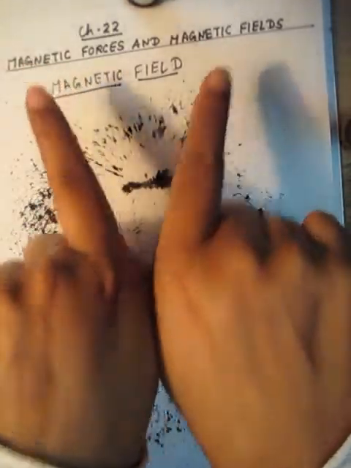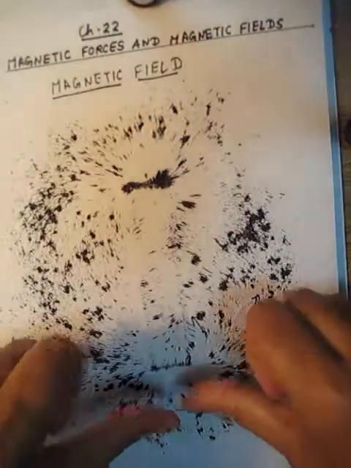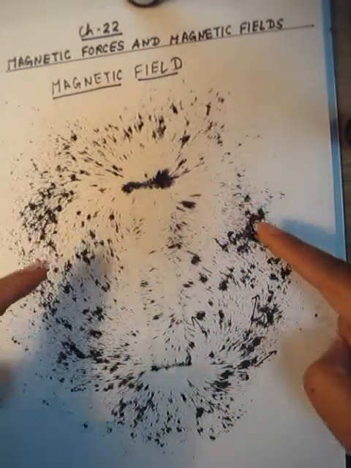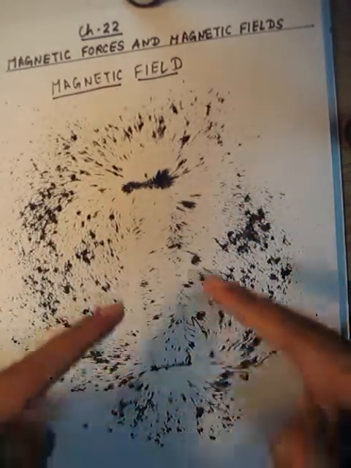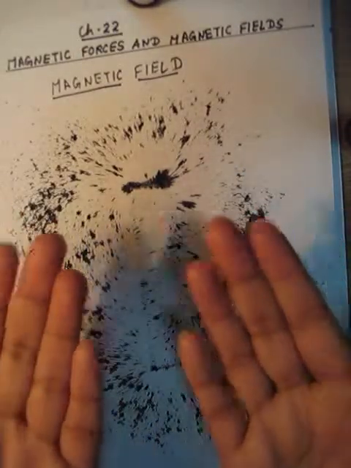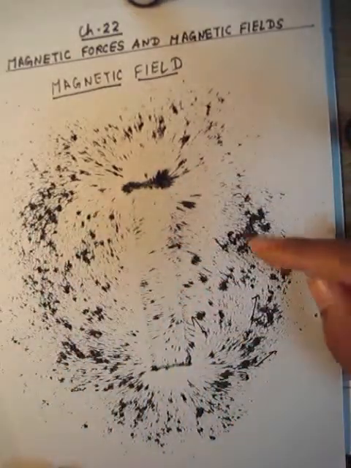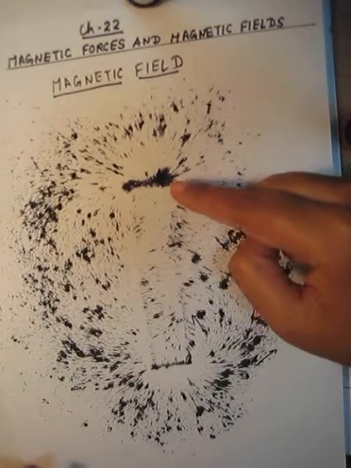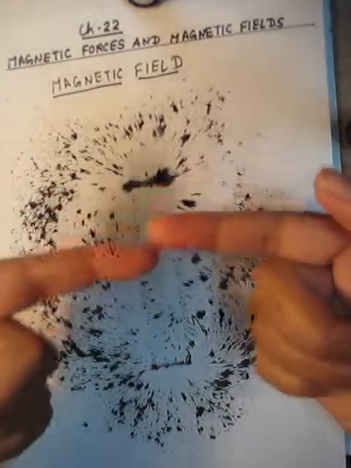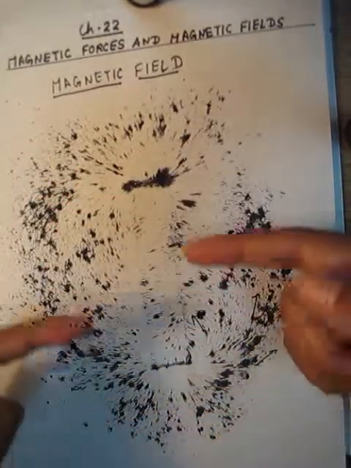The magnetic field lines are going out from here, and also from this direction, and they are moving from one pole of the magnet to the other. So this is not in one dimension, it is in three dimensions. You can see these iron filings are also pointing upwards, so it means that there will also be a magnetic field in this direction.